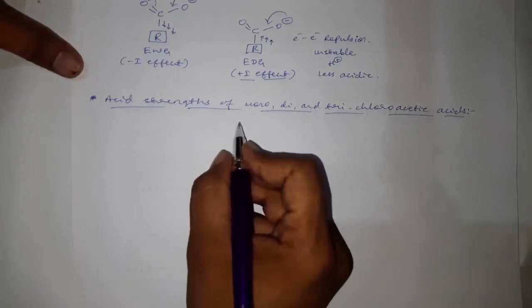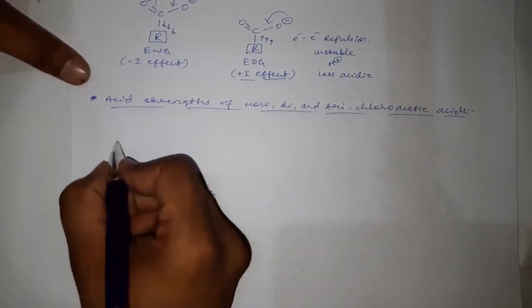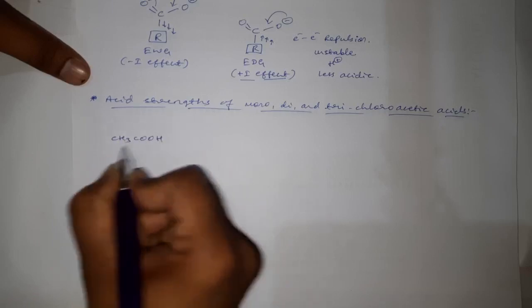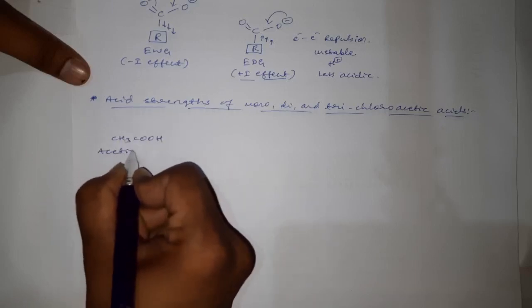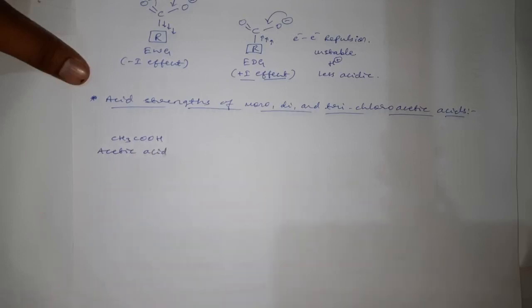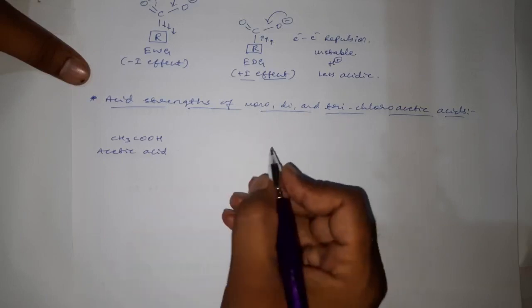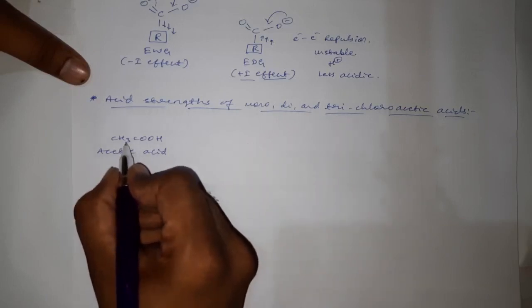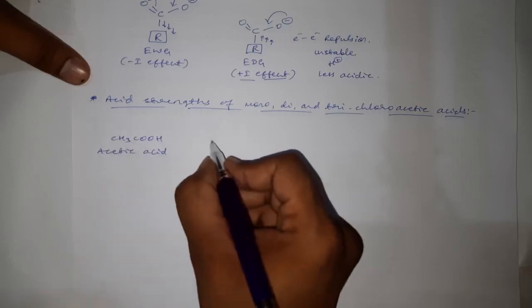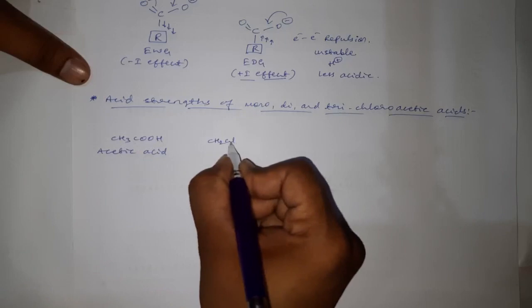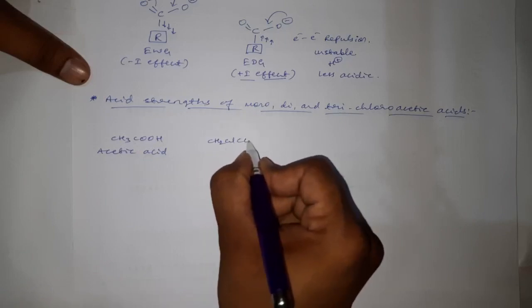We know the formula for acetic acid, that is CH3COOH. It is what? Acetic acid, correct? Then monochloroacetic acid. We will get monochloroacetic acid just by replacing one of the hydrogens of this methyl with chlorine. I am writing here CH2Cl COOH.